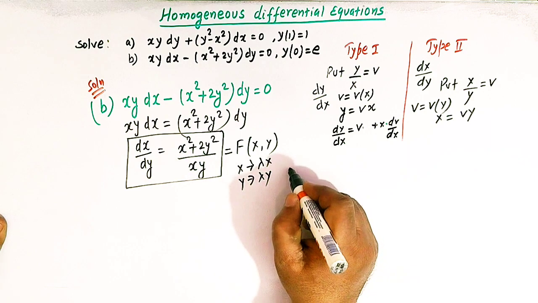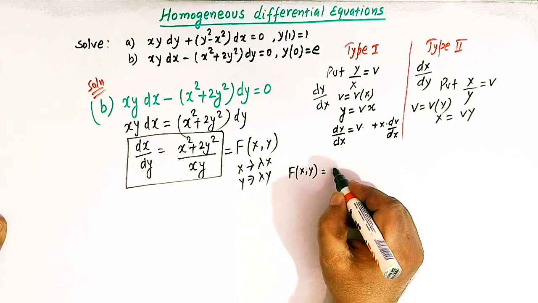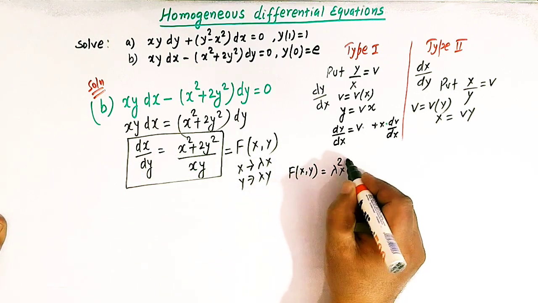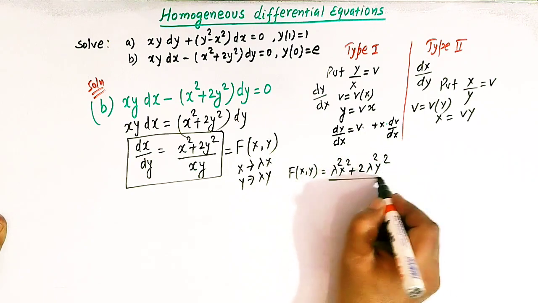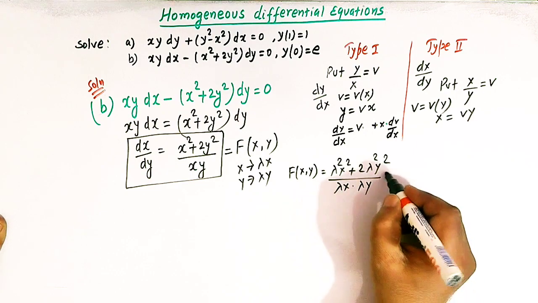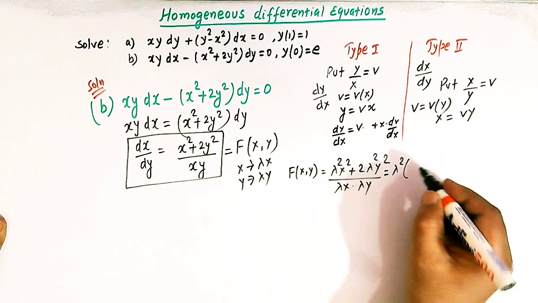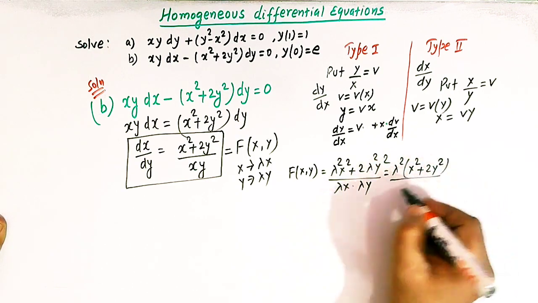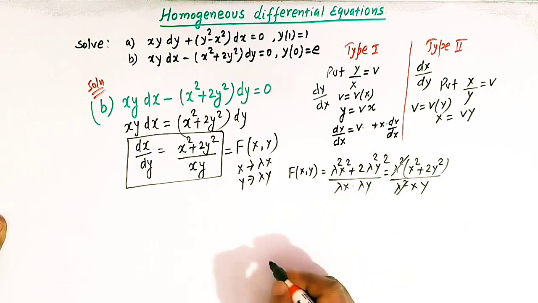So here f of lambda x comma lambda y can be written as lambda square x square plus 2 times lambda square y square, and here we have lambda x times lambda y. So we can take lambda square common in the numerator. We have x square plus 2y square. Here we have lambda square xy. So lambda square gets cancelled.